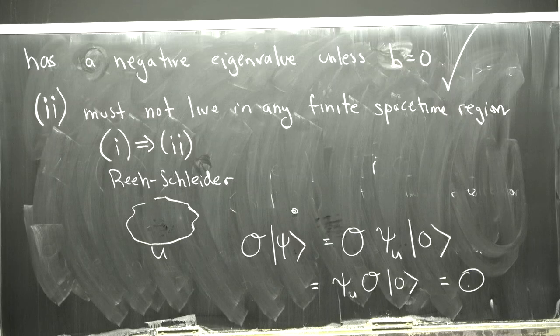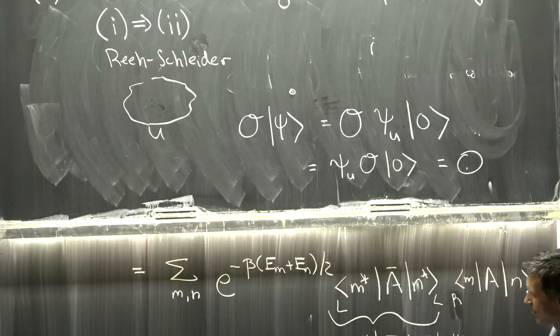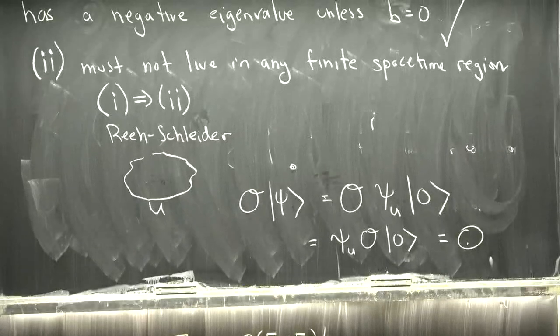Okay. So the conclusion is that a positive operator with compact support is actually 0. In other words, positive operators that are not 0, or non-negative operators that are not 0, have to be infinite in extent.